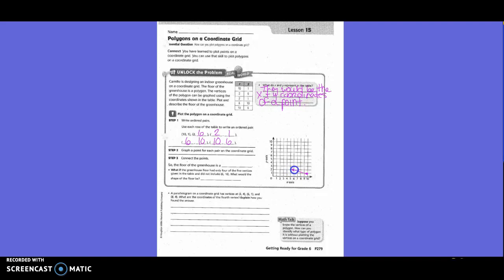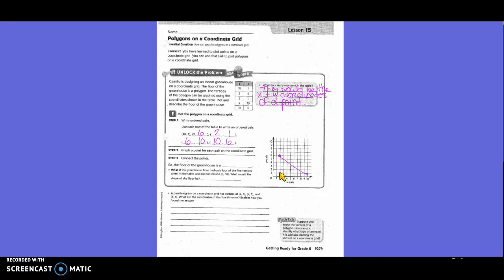Oh, whoops, I saw what I had written. So 2, 6: over 2 and up 6. Then 2, 1: over 2 and up 1.